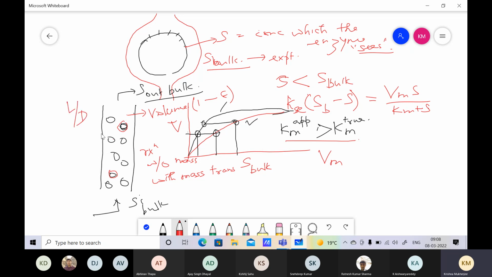This is where the problem becomes interesting, because as the L by D ratio increases, your cross-section area goes down and your length goes up, so your velocity will increase. As your velocity increases, your Ke goes up as well, because the film surrounding the liquid is obviously a function of velocity.